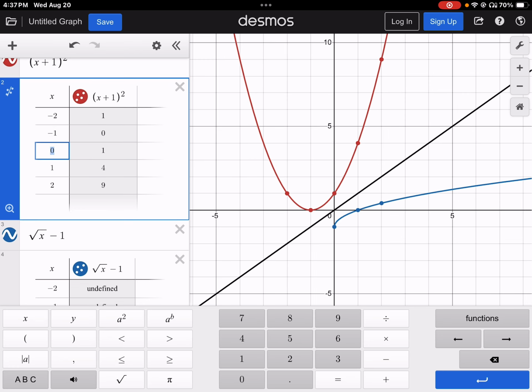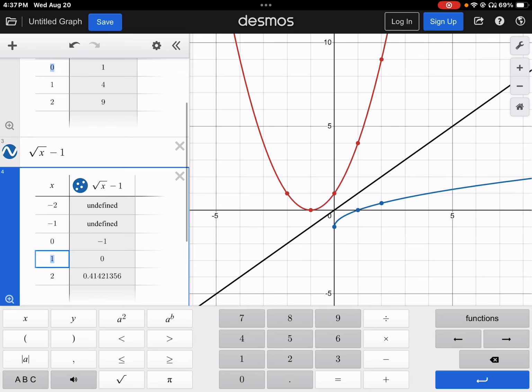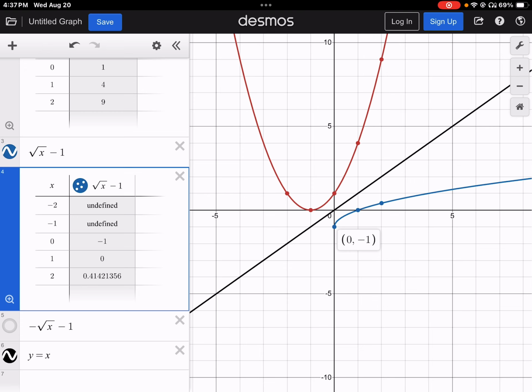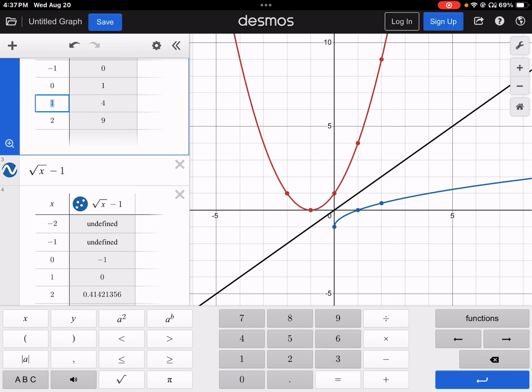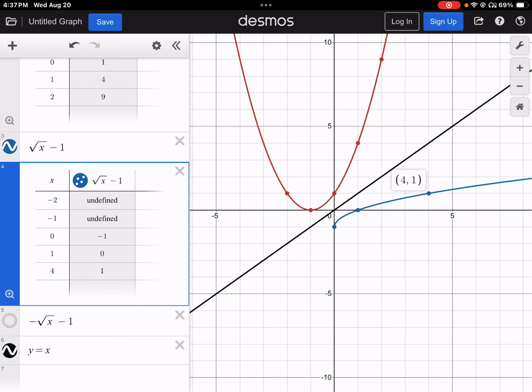So I have the point 0, 1 on my quadratic, which means I should have the point 1, 0 on my square root. And I do. It's right there. So I have that 1, 0 point. But I can also see that I have 1, 4 on this one. So if I plug in 4 here, I got 1. It shows up right there.